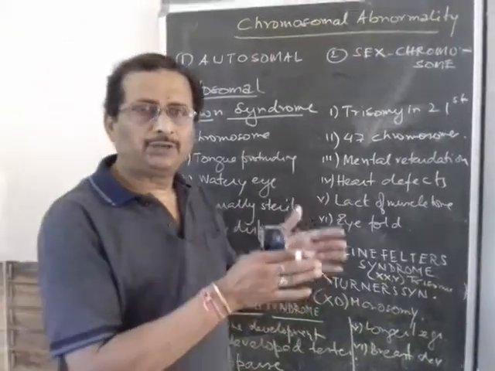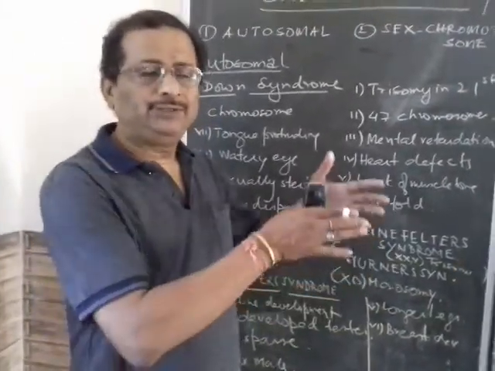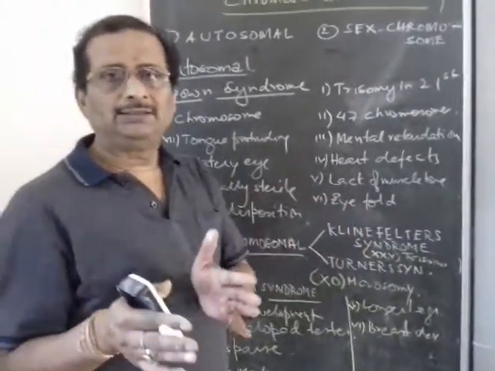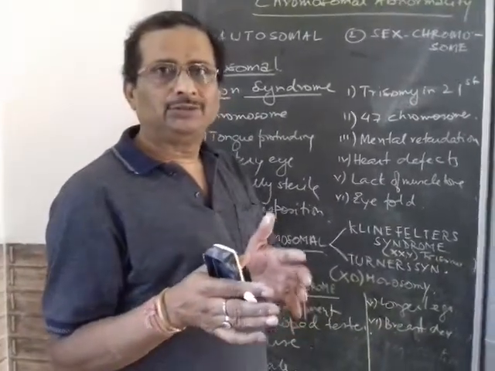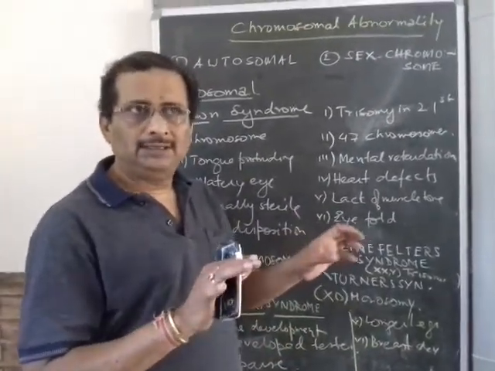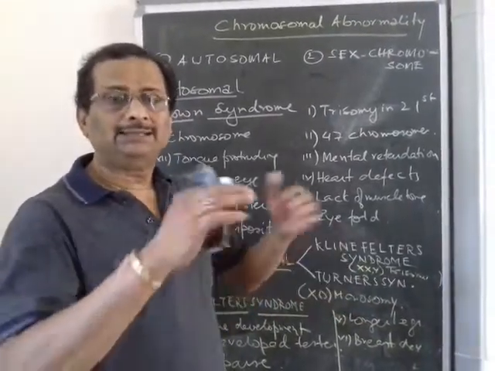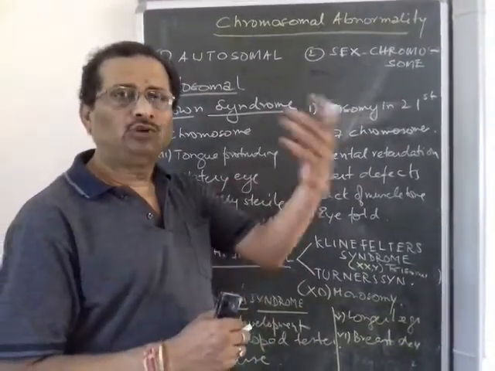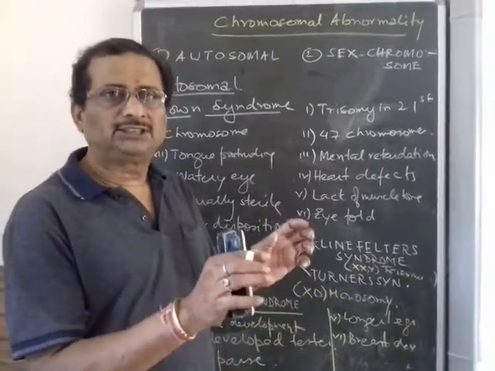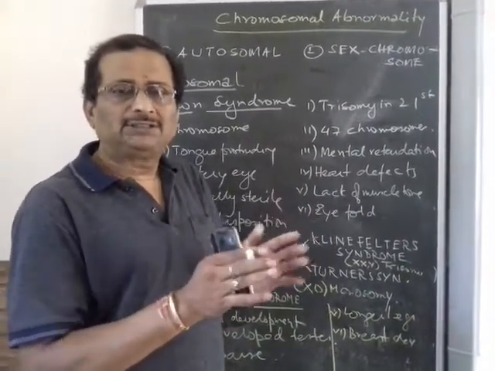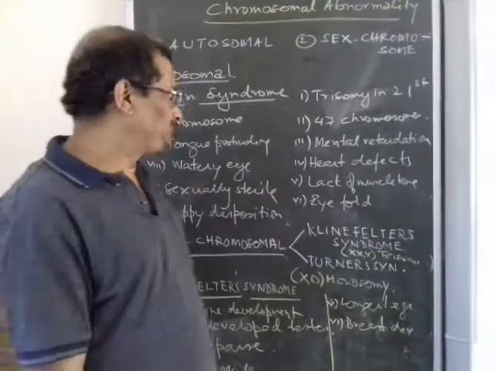Now if, suppose, 23 go on one side and on the other side there will be 21, naturally this will lead to anomalies when fertilization takes place even with a normal chromosome. So this is non-disjunction. The separation does not take place equally.